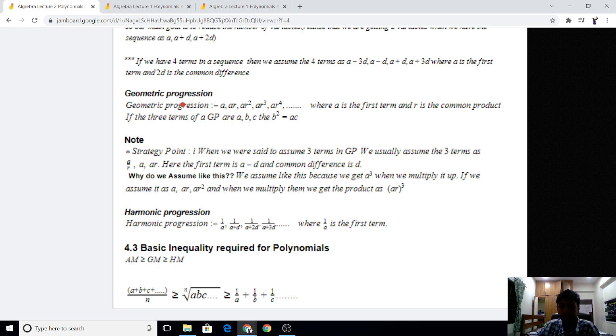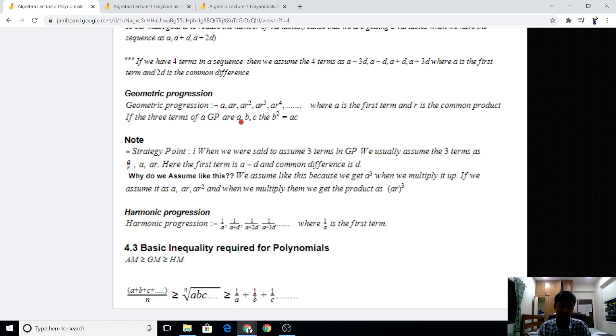What are all these? All these are powers of 2. It is 2 power 1, 2 power 2, 2 power 3, 2 power 4. First is 2, then 2 square. I'm multiplying it by 2, then by 4, then by 2 cube, which is 8. All these are called a GP.